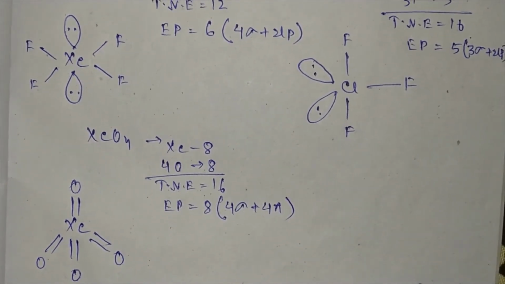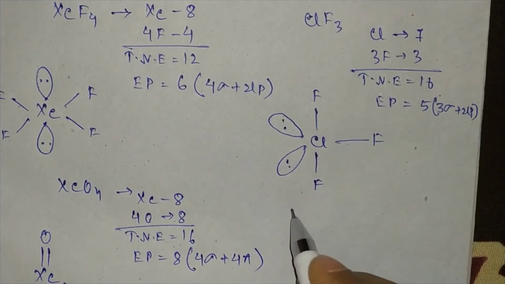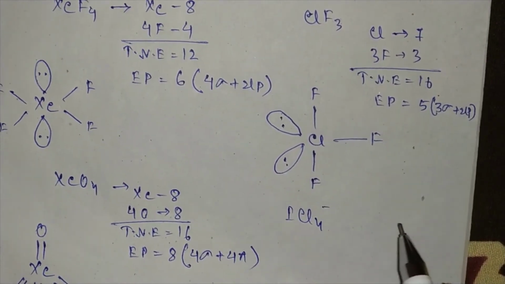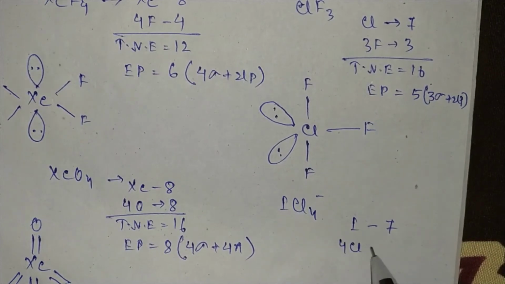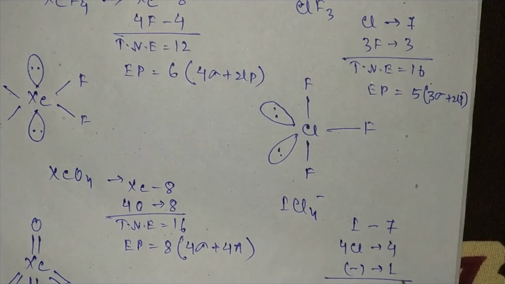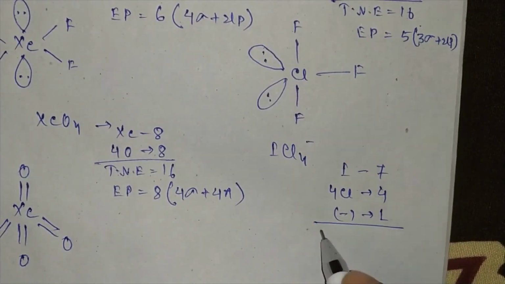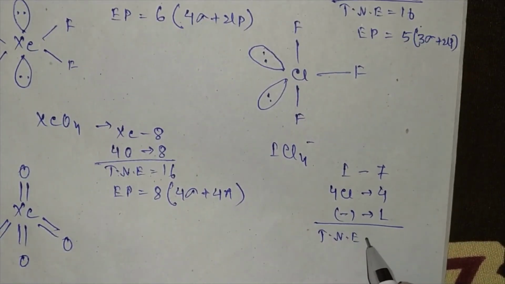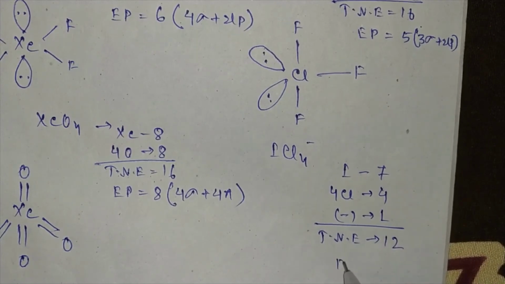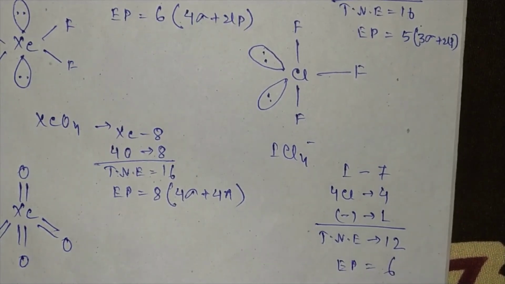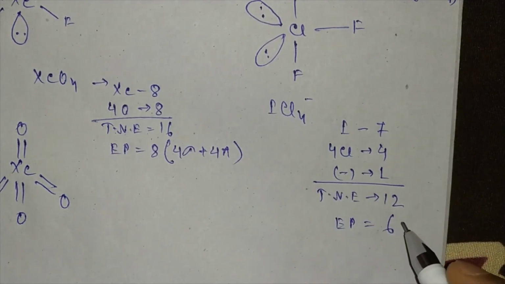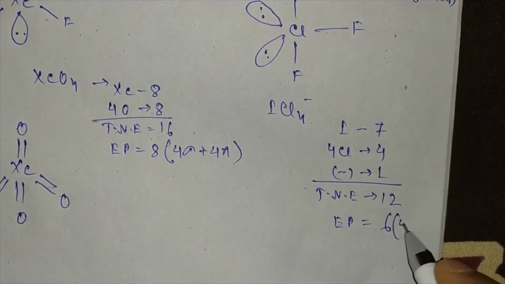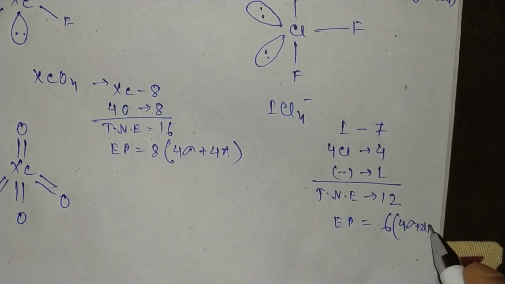Next we will come to ICl4 minus. Iodine has 7 valence electrons, 4 Cl will give 4 electrons, and due to the negative charge we will get 1 electron. So total number of electrons 12, electron pairs equal to 6. So here 4 chlorines are bonded to iodine with 4 sigma plus 2 lone pairs.